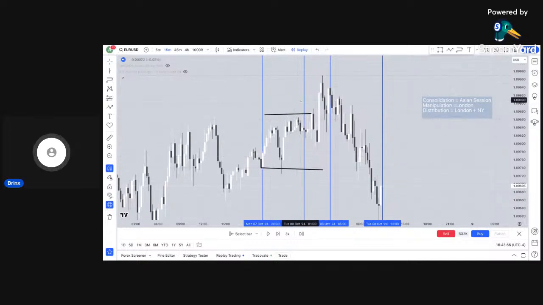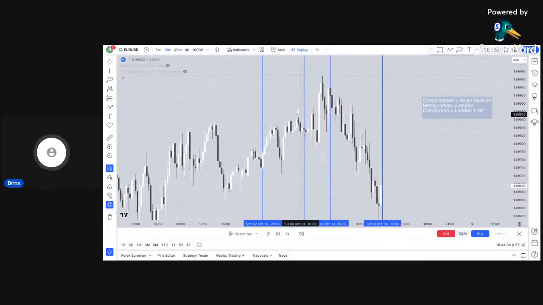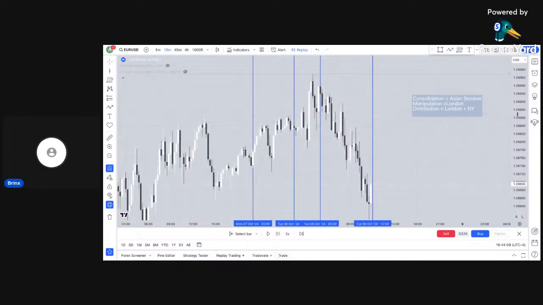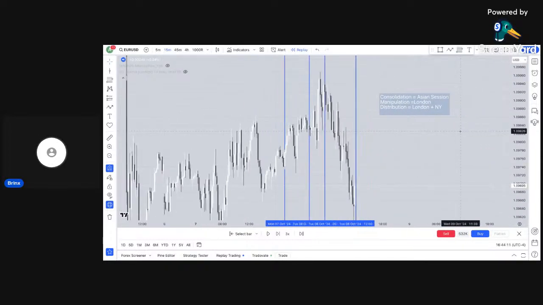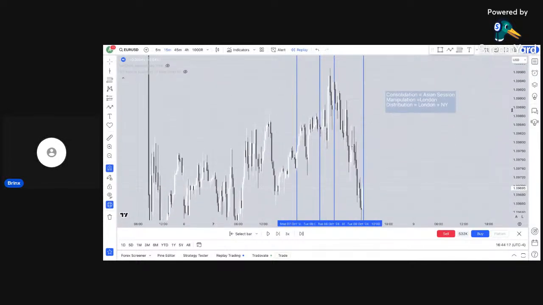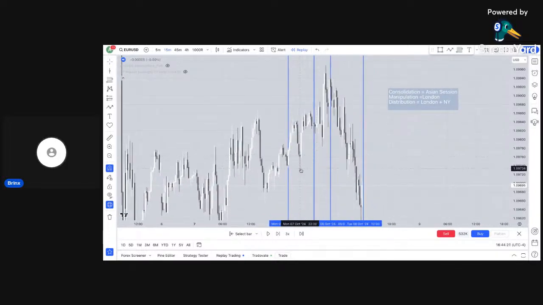So just to give you another example, I'm always using Asian session as my reset for the day where I think price is going to consolidate. Manipulation is going to happen in London, and my distribution is going to happen in New York. And you see this pattern played out over the Forex day, repeated over and over and over again. Just to give you guys another example, I'll look at a bearish example of this.